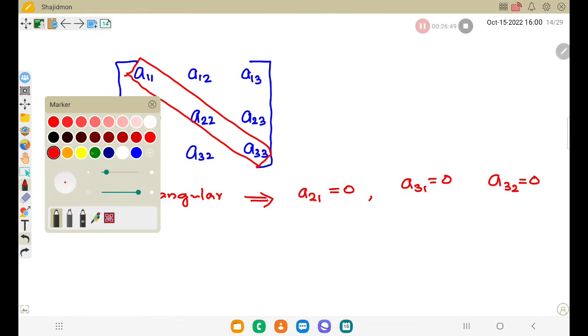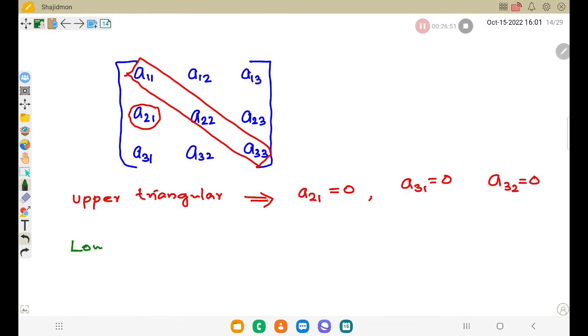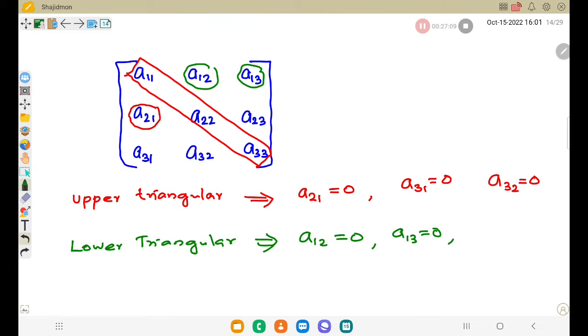Now, lower triangular matrix means which numbers will be 0? A12 is 0 and A13 is 0 and the same way A23 is 0.